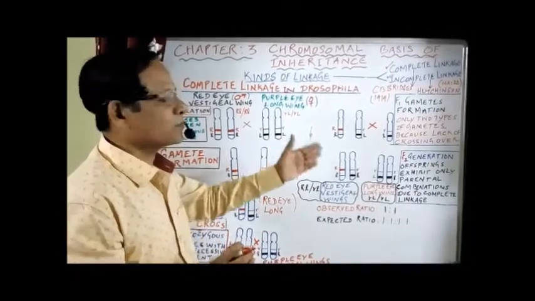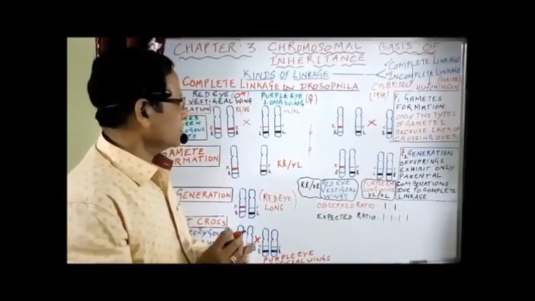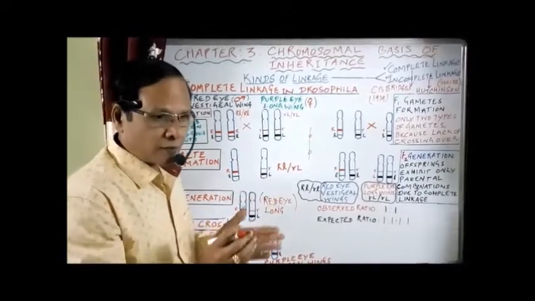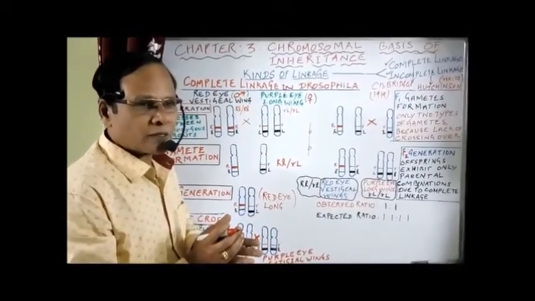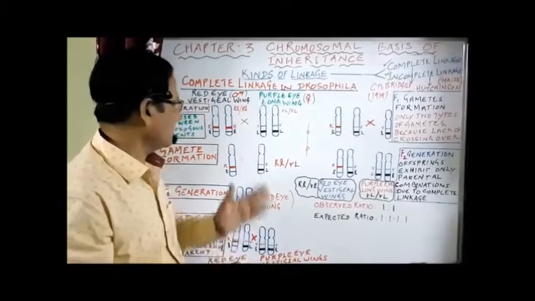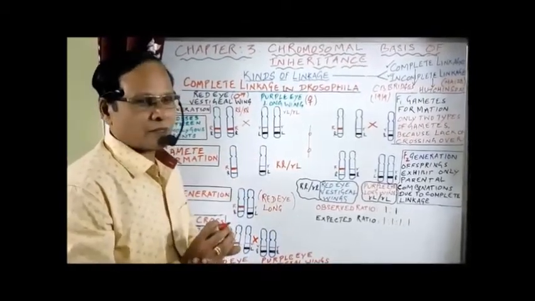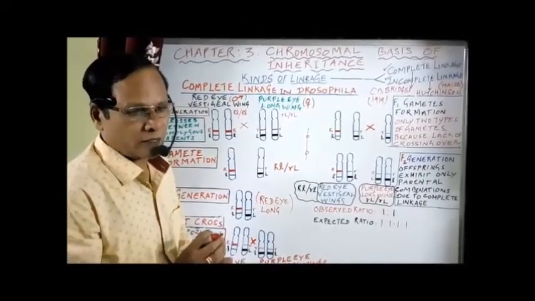This is called incomplete linkage. If the two linked genes are placed far apart and their separation is possible, the phenomenon is called incomplete linkage.